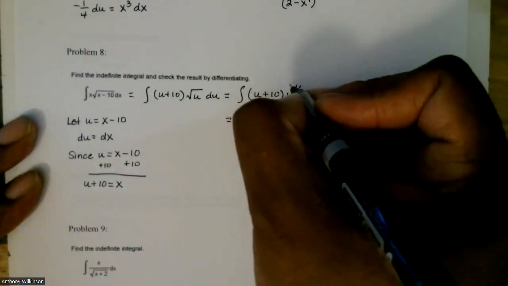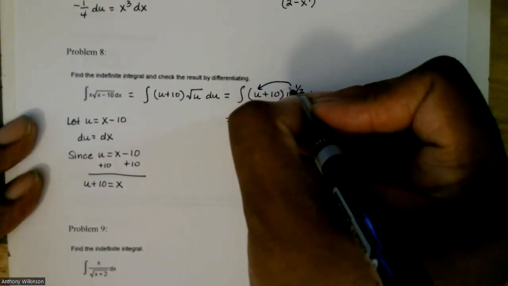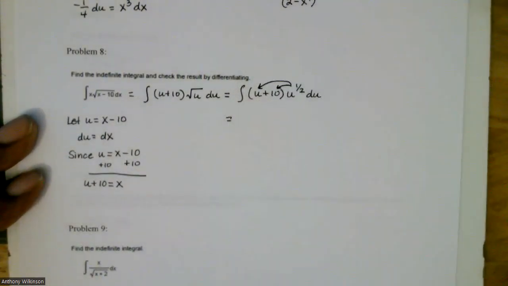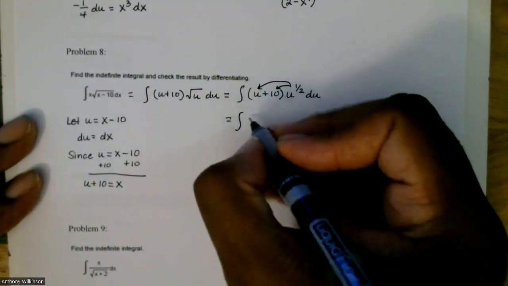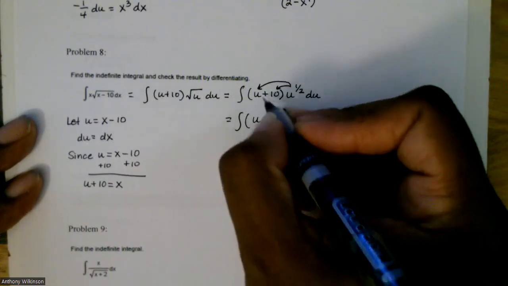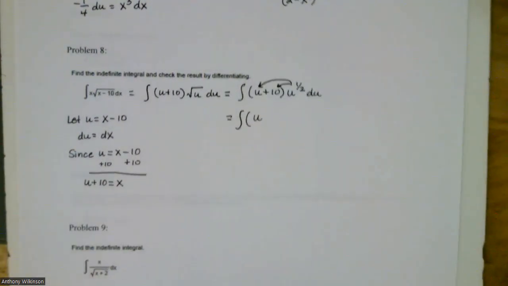Use the distributive property. Distribute u to the 1/2 over u plus 10. Here I have the integral of u to the 1 times u to the 1/2. We're multiplying powers of the same base, so we add the exponents here.